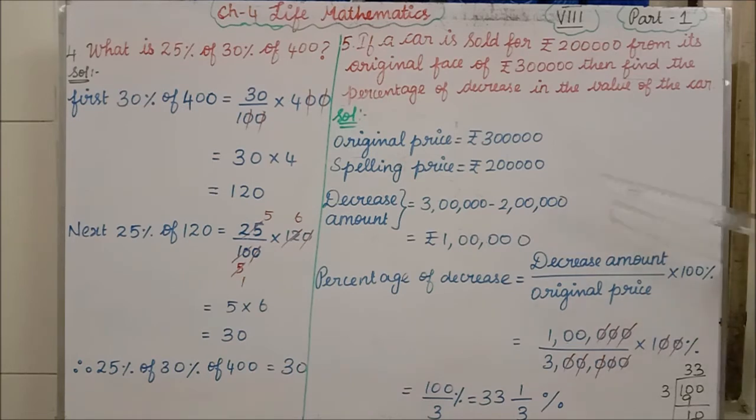Clear? So, what is the decrease amount we are having? Rupees 1 lakh. The decrease amount we have got is 1 lakh divided by the original price of the car, which is 3 lakhs, into 100%. Okay, see, I have cancelled all the zeros and the remaining left in the numerator is 100.